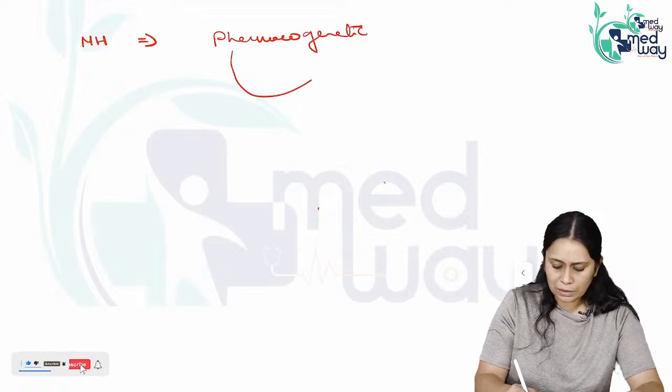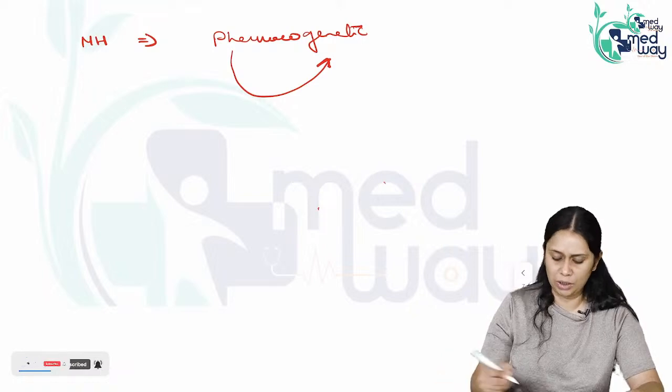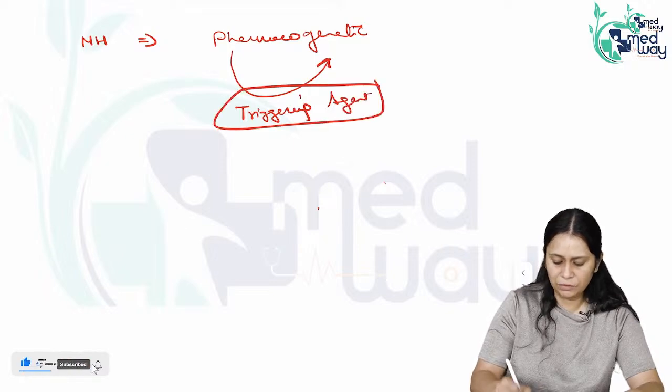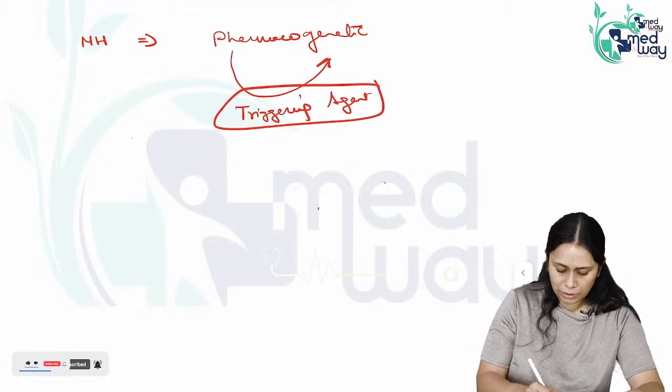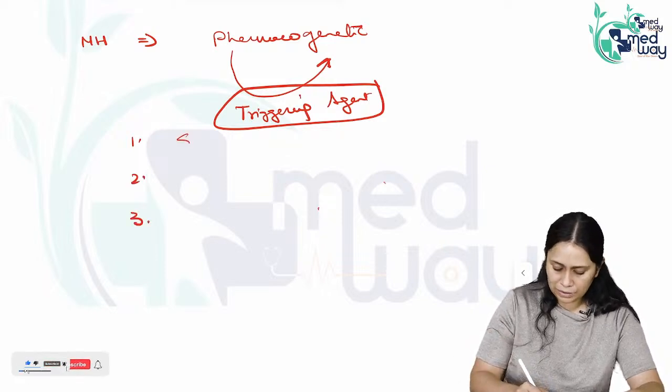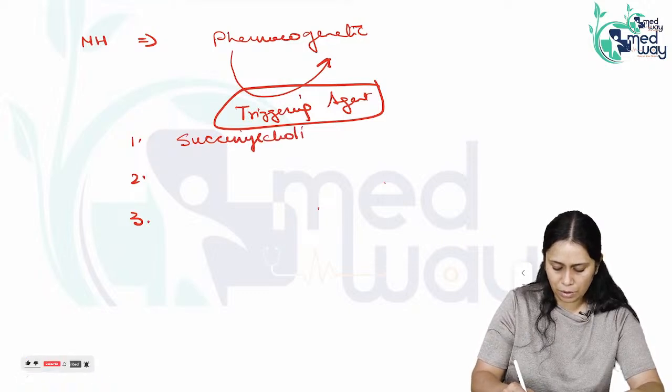So what are the drugs which can trigger this gene? The triggering agents. This is a favorite question: drugs which trigger malignant hyperthermia. So there are three drugs which can trigger malignant hyperthermia. Number one, succinylcholine, a depolarizing neuromuscular blocker.